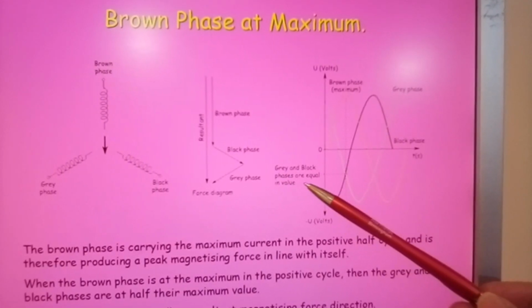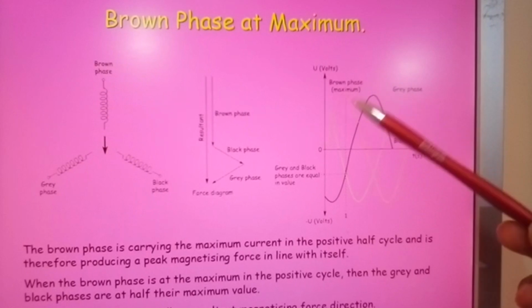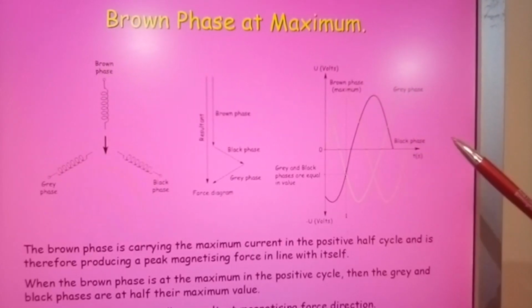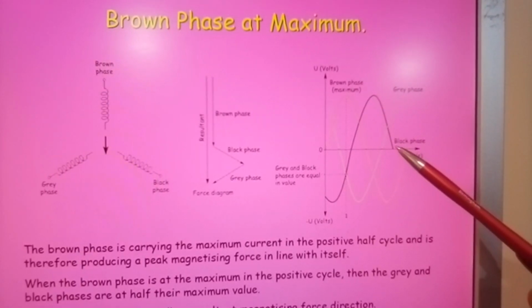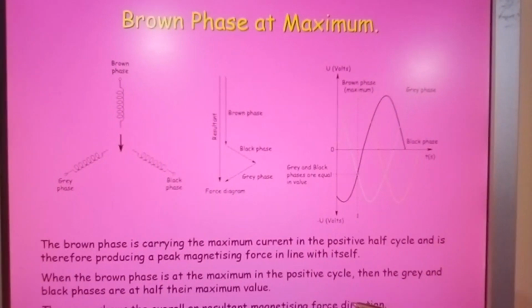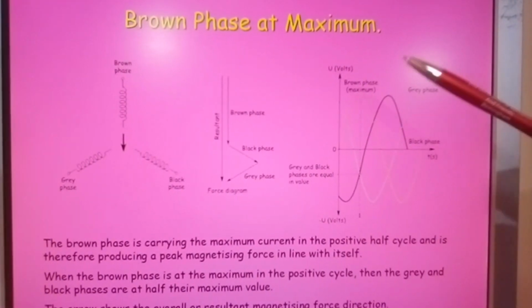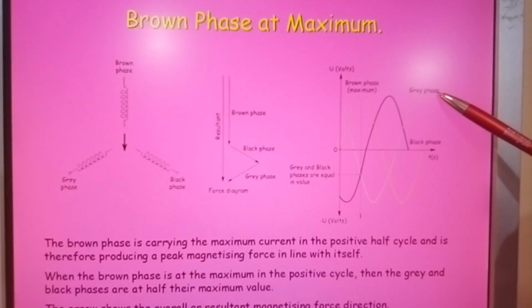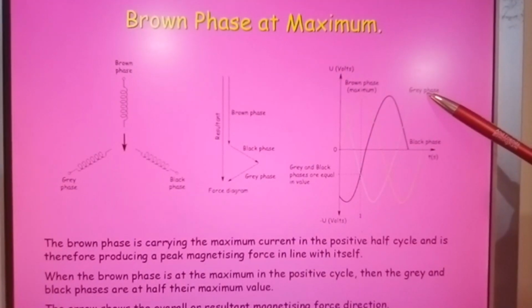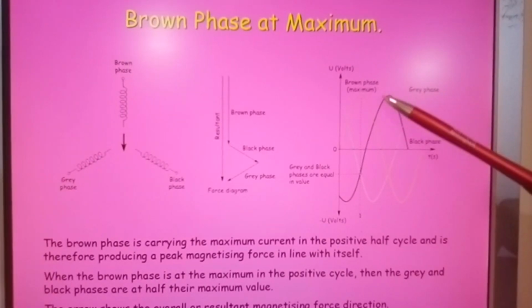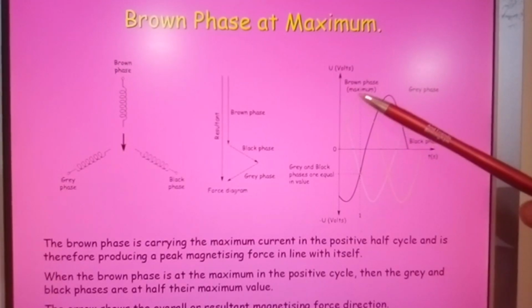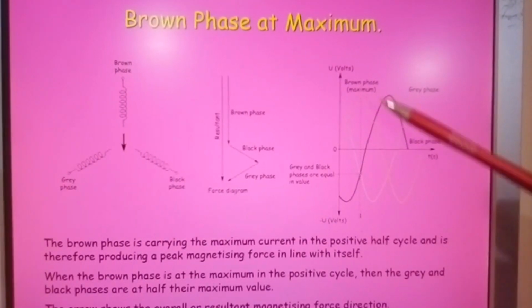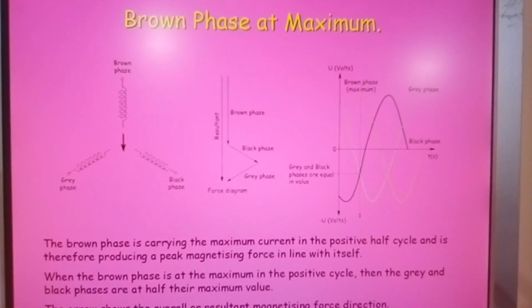Grey and black phase are equal in value. Well, I would have said that brown also would be equal in value. Of course, here we have the brown phase also at a maximum value.